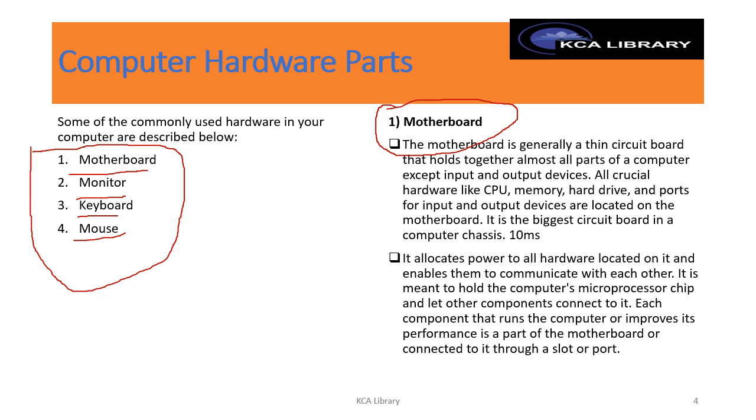Almost all parts of a computer are attached to the motherboard. For example, the memory, the CPU, hard drives, ports, all those are connected to the motherboard, and it is the biggest circuit board in the computer chassis or computer system.